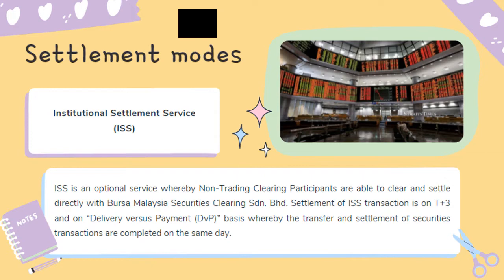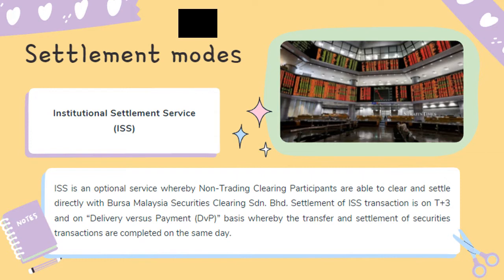So after all the clearing and the confirmation order has been approved by Bursa Malaysia, the date we put it as T. For example, today you make an order, you key in your order, and later Bursa Malaysia approves, and then today is the T. Alright, plus 3.